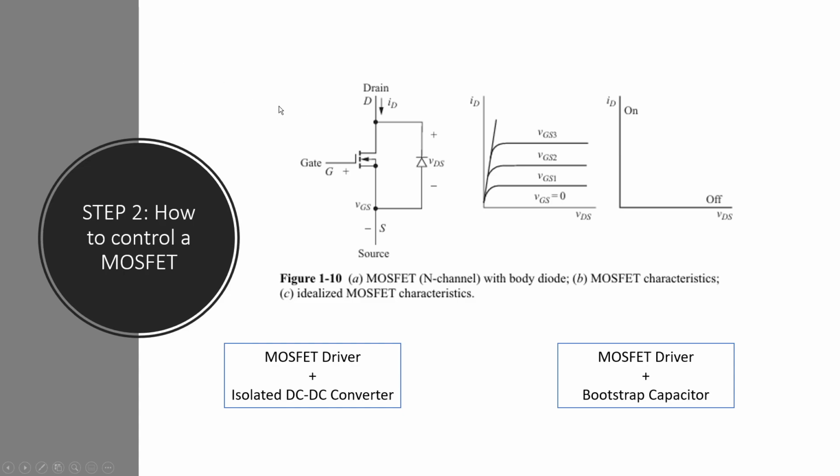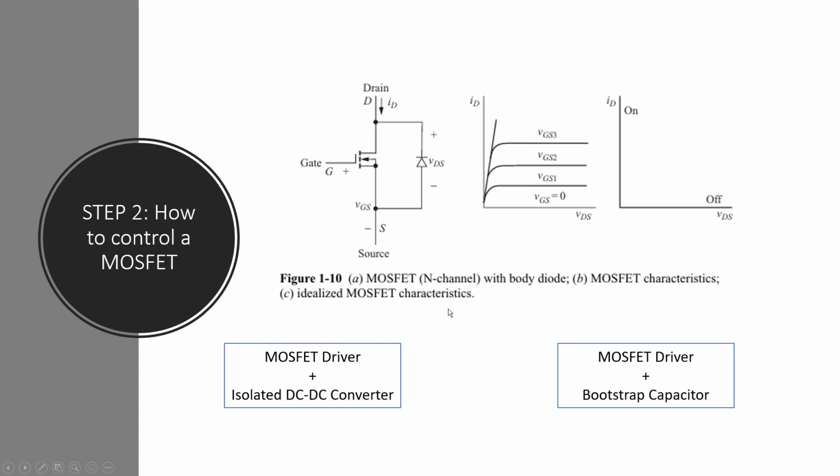So how do we make 3.3 into 10 to 15 volt? We can use a MOSFET driver. It's like a buffer, a bridge between the PWM generator and the switches.